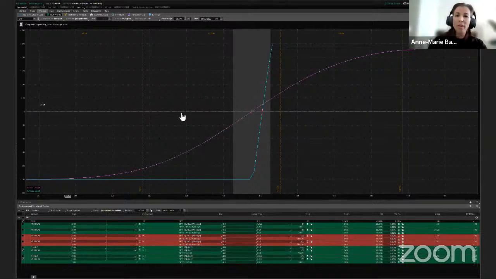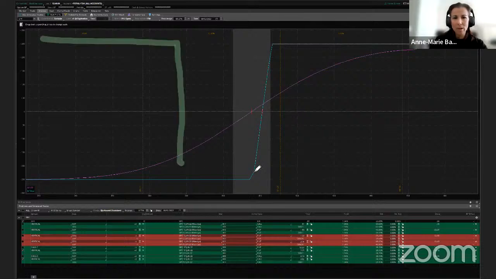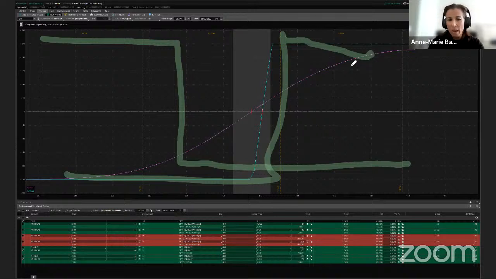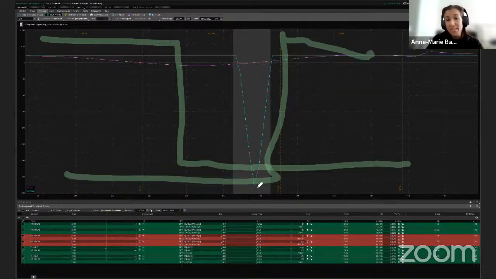And so an iron condor is the combination of a put spread that goes like this and a call spread that, of course, we can still see goes like this. Okay, so this is an iron condor, right?